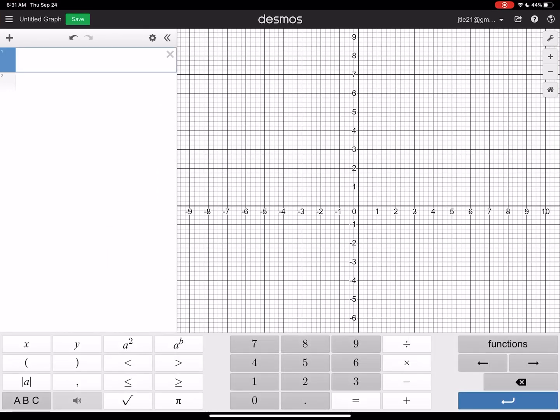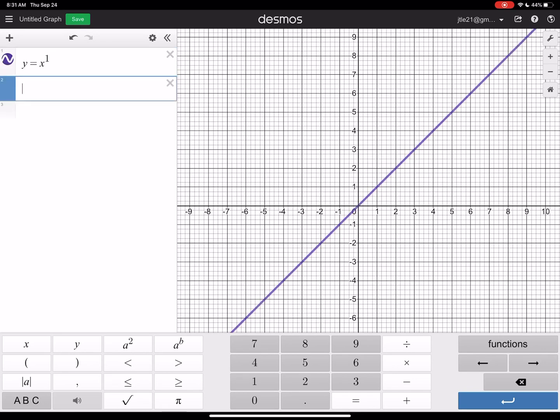What I'm going to do is draw a bunch of odd degree functions. So y equals x to the first. Now, I know I don't need to write to the first power, but it's just to show you. Then I'm going to write y equals x to the third.